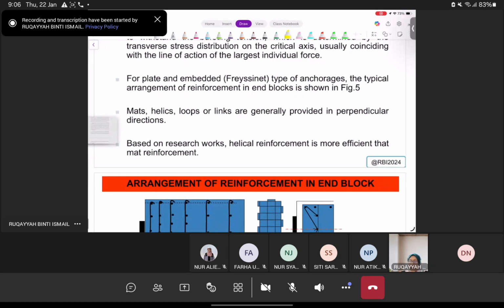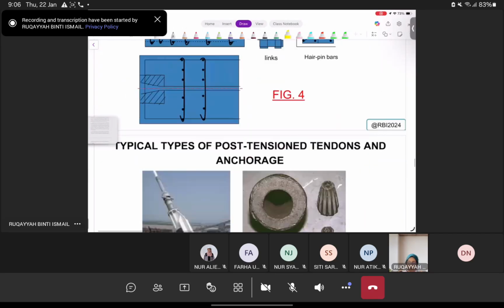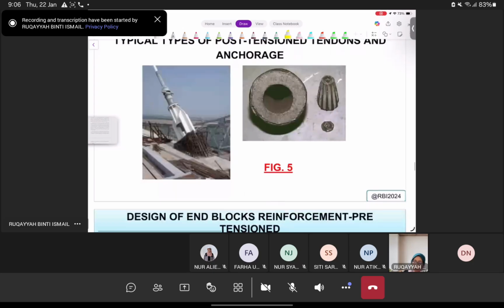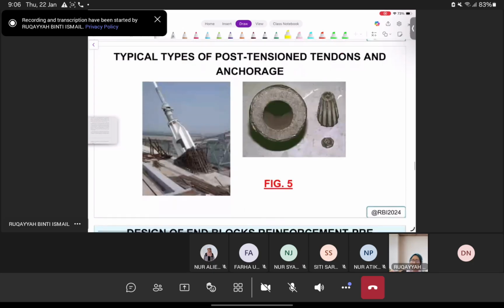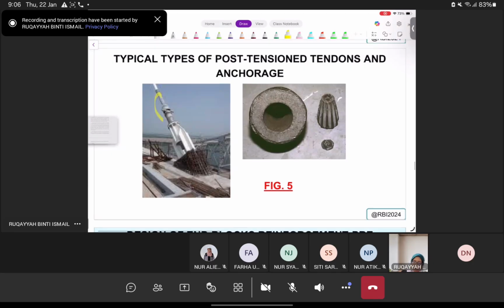All right. Typical type of anchorage, the typical reinforcement can be seen in figure 5. So this is where you can see a typical type of post-tension tendon and also anchorage. So this will be the tendon, and this will be the anchorage. So this is the conical part, the cone which is embedded inside the specimen.